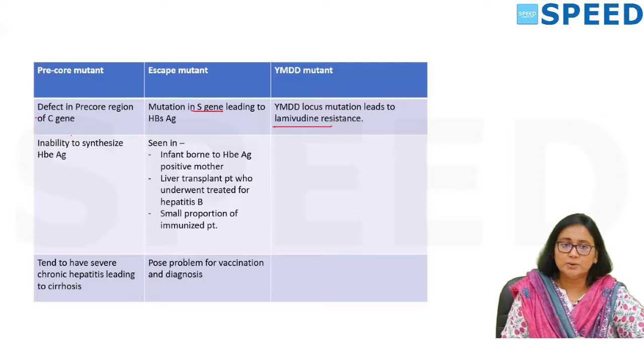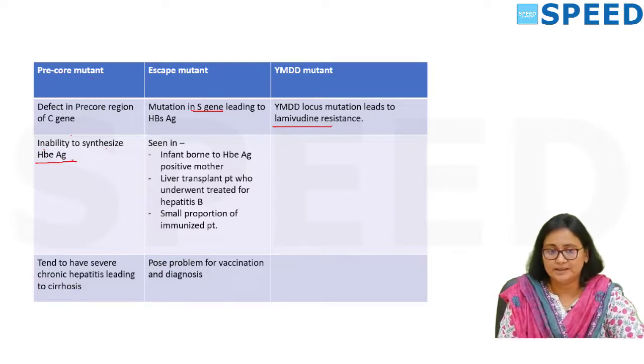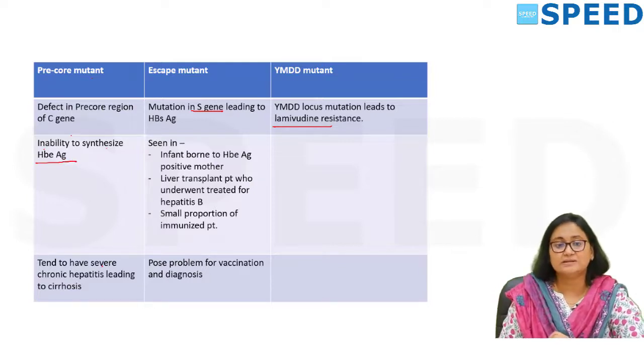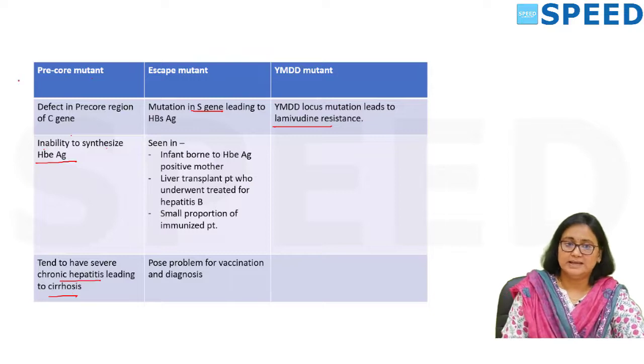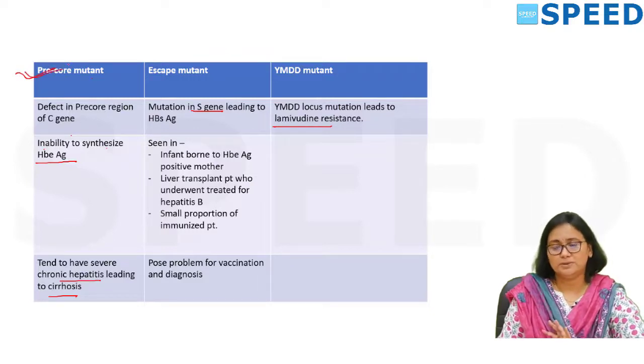So, this pre-core mutant will have inability to synthesize hepatitis B envelope antigen and they have a tendency to go for chronic hepatitis leading to cirrhosis. So, cirrhosis, chronic hepatitis, that will be a feature of your pre-core mutant.